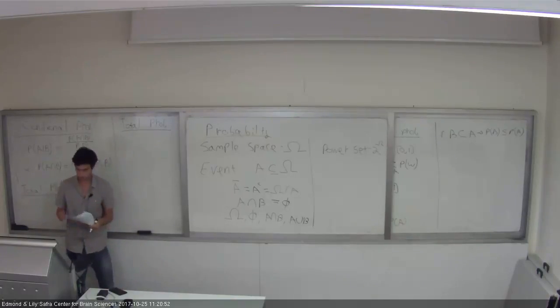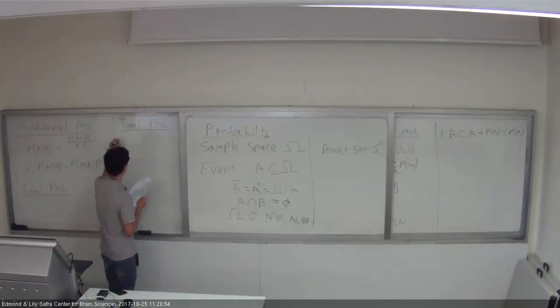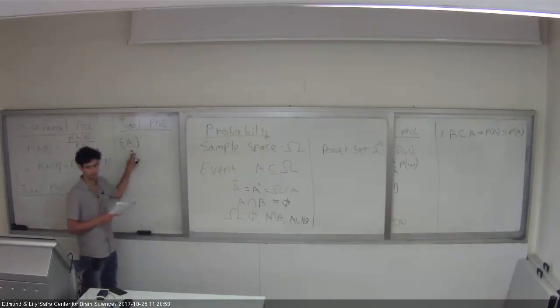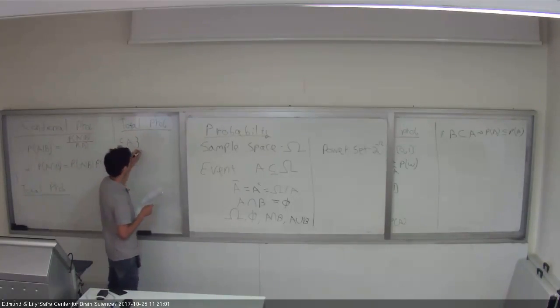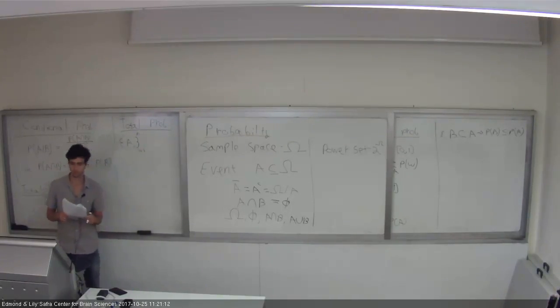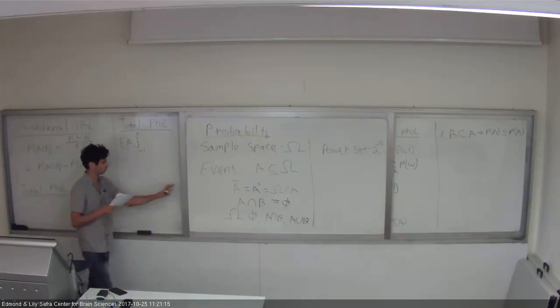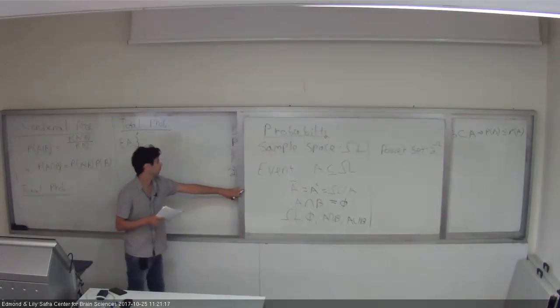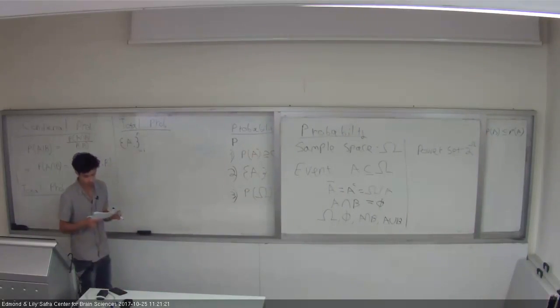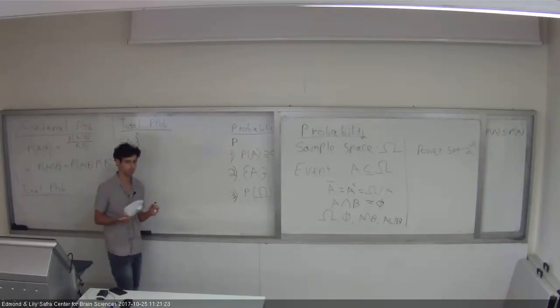So let's suppose now that we have a set of events Ai, where i is between 1 and n. These events are disjoint, each pair of them is disjoint, and their union is omega.